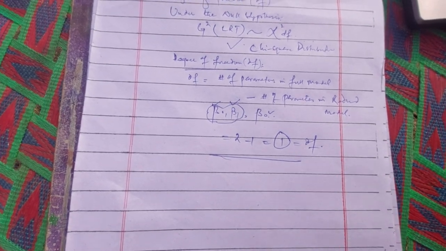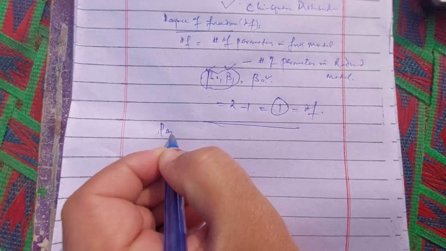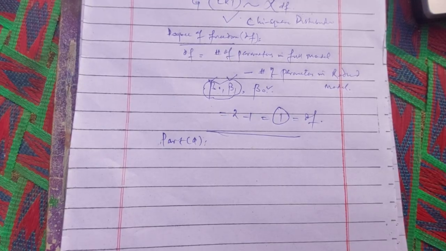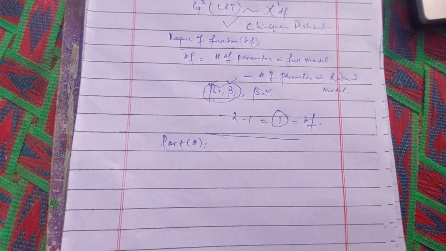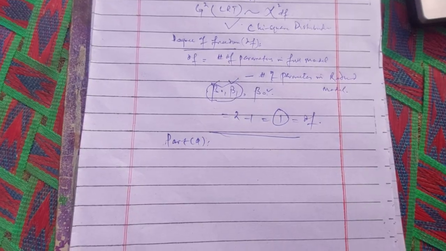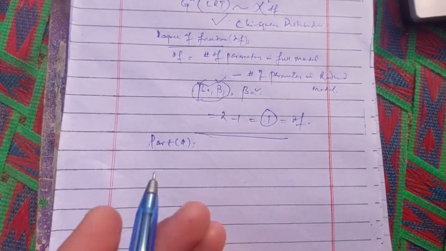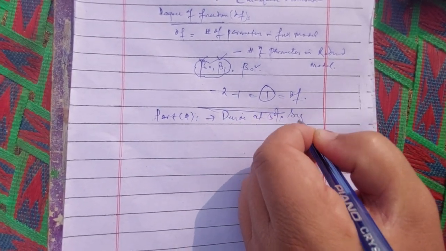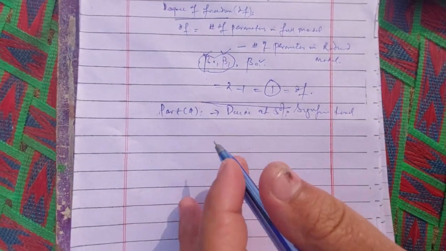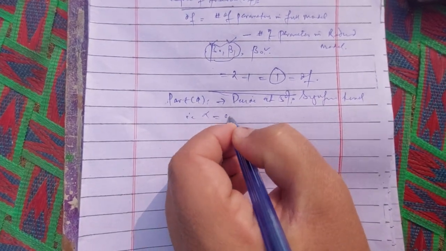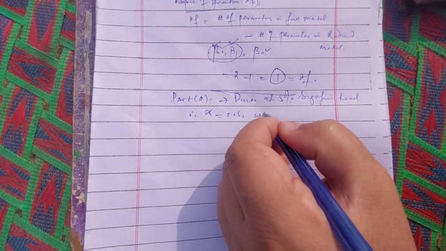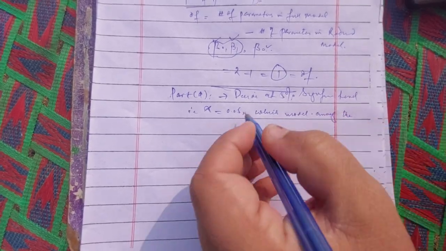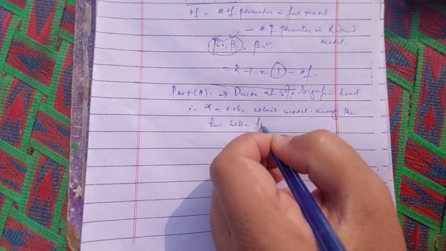Now we come to the last part, part D. It says to decide at the 5% significance level, that is alpha equal to 0.05, which model among the two better fits the data.